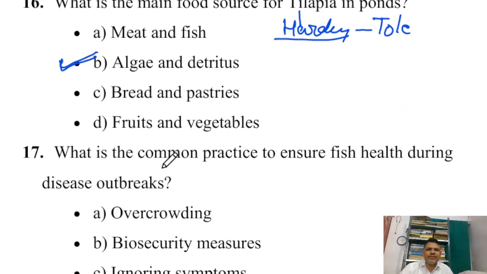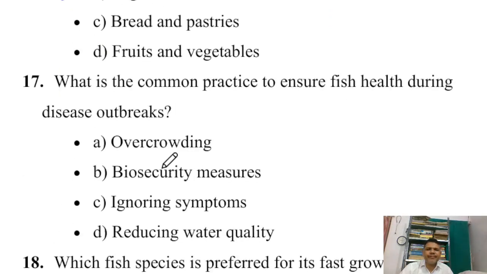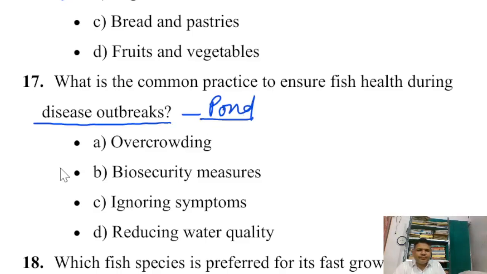Now the next question, question number 17. What is the common practice to ensure fish health during a disease outbreak? If there is a disease outbreak in the pond, then what should we do? In these conditions, we have to adopt biosecurity measures of different types.